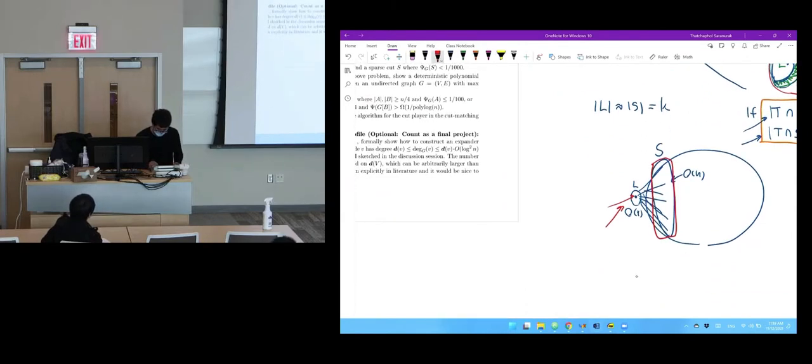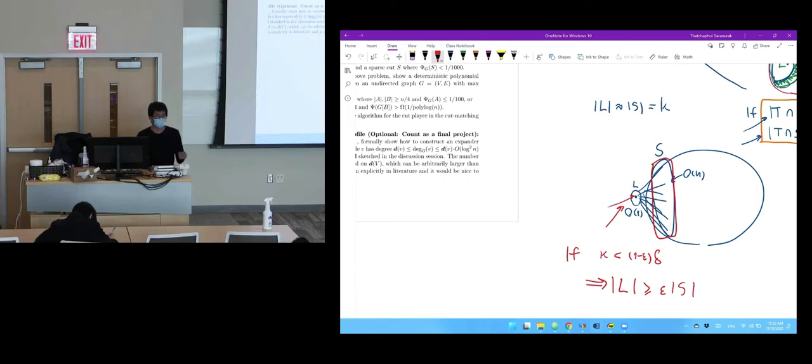If kappa is less than delta by quite a lot, by this factor, then L is not too small compared to S. All right.